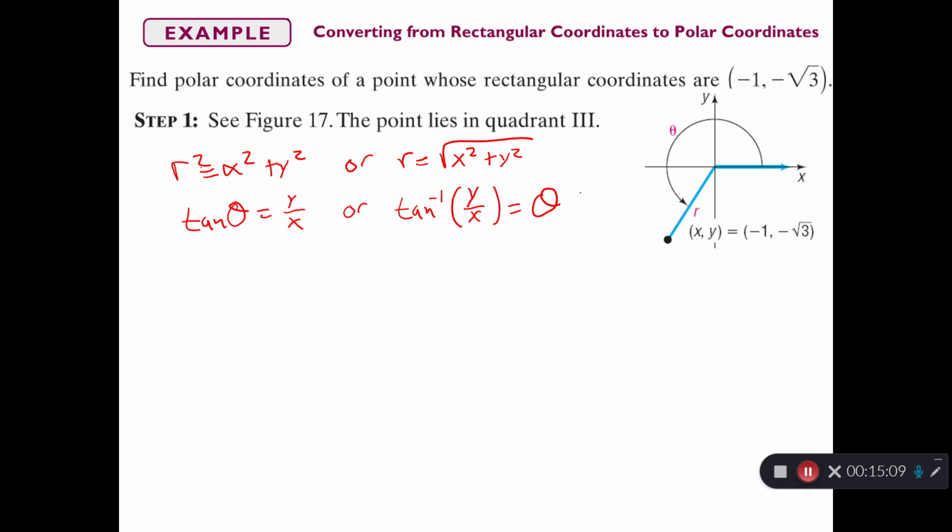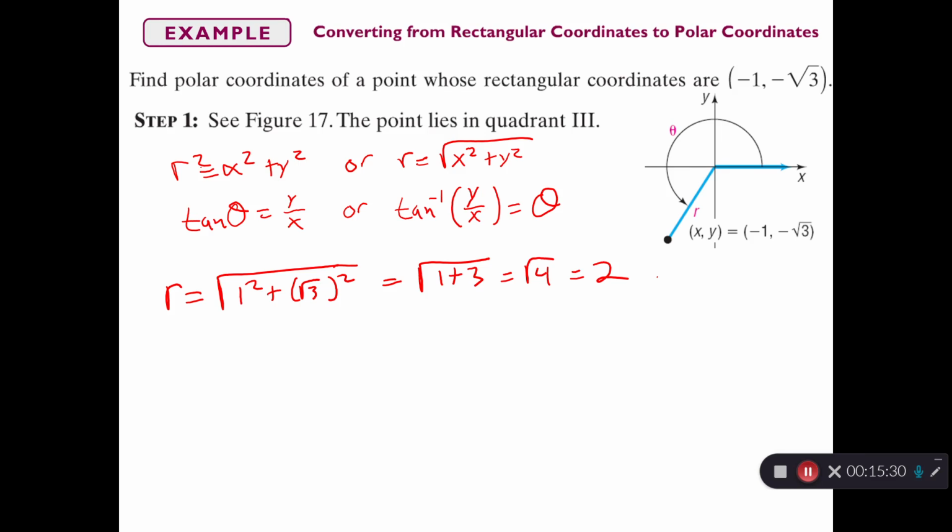So for this one, I have r equals the square root of 1 squared plus radical 3 squared, which equals the square root of 1 plus 3, which equals the square root of 4, which equals 2.